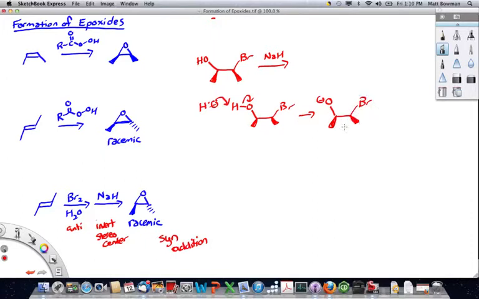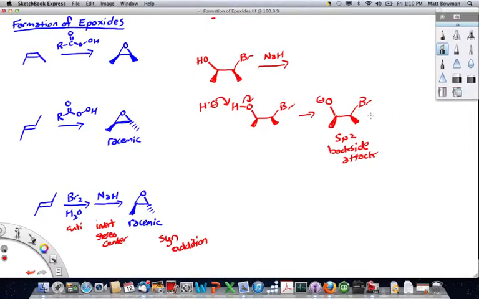But the important thing to remember is this next step, where the oxygen adds to the carbon and kicks the leaving group off, is an SN2 step, meaning it has to have a backside attack. So that oxygen has to attack from behind the carbon-bromide bond.